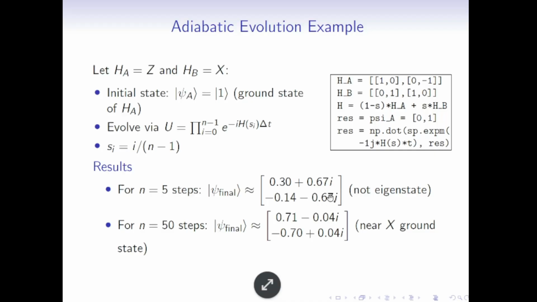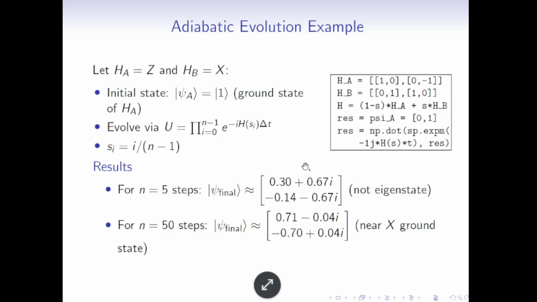This is a representation, because psi is a complex number, right? So the i part is the imaginary part, so this should be 0, and here we should have 1 by root 2 and 1 by root 2.